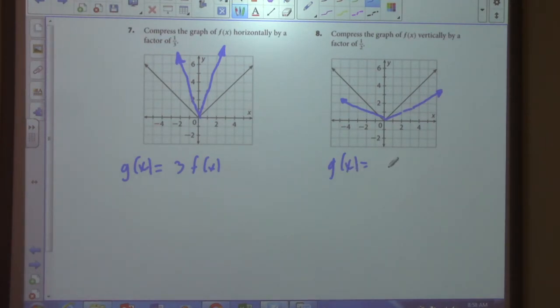Did anybody experiment with their calculator yet? 1/2 of the.